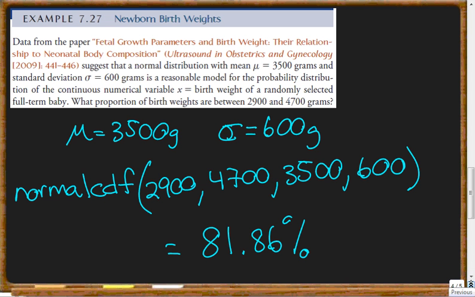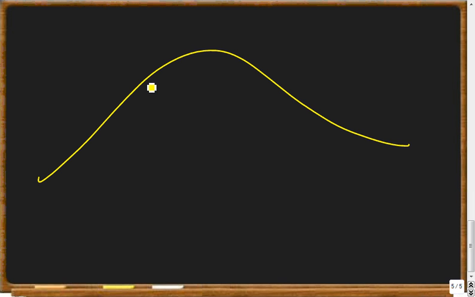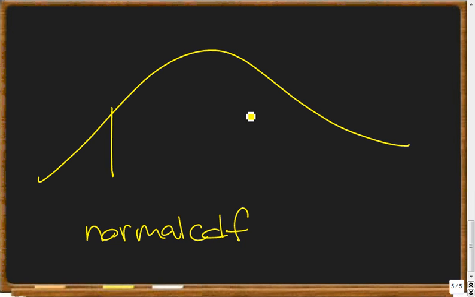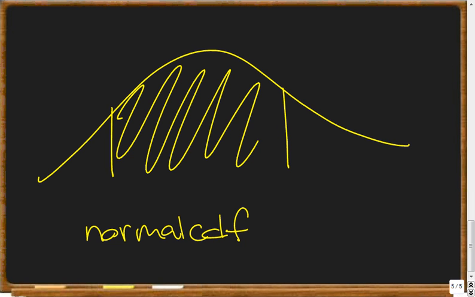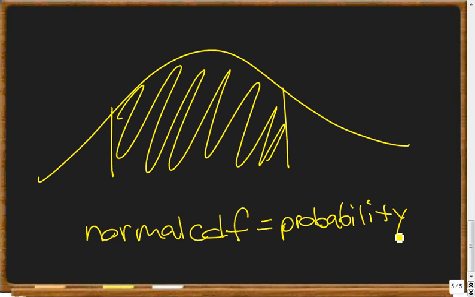So, anyway, use this information. The normal CDF and the inverse norm do two different things. If you have a normal distribution, your normal CDF function is going to tell you the area under the curve, which equals probability.